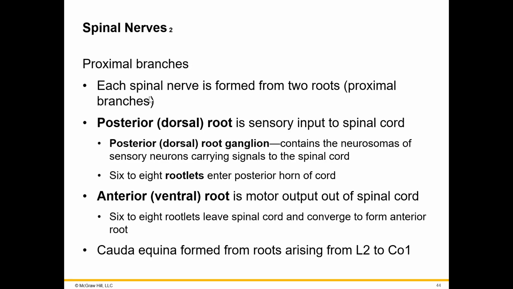Each spinal nerve is formed from 2 roots, proximal branches. There's the dorsal root and there's the anterior ventral root.